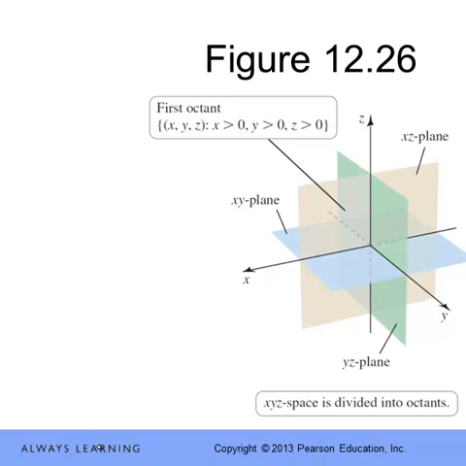All right. So, just like the 2-dimensional plane was divided into quadrants, the 3-dimensional x, y, z system is divided into octants. And of course, the prefix oct implies that there are 8 distinct regions.